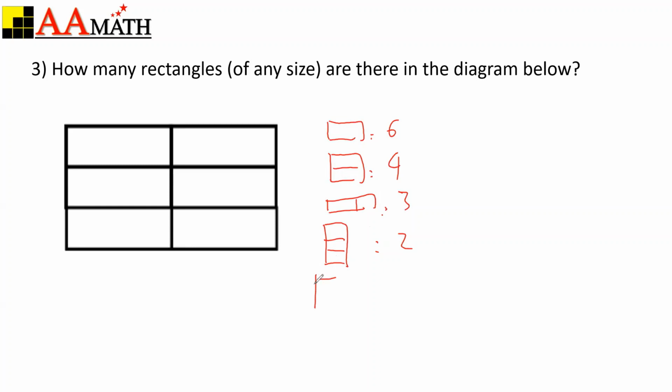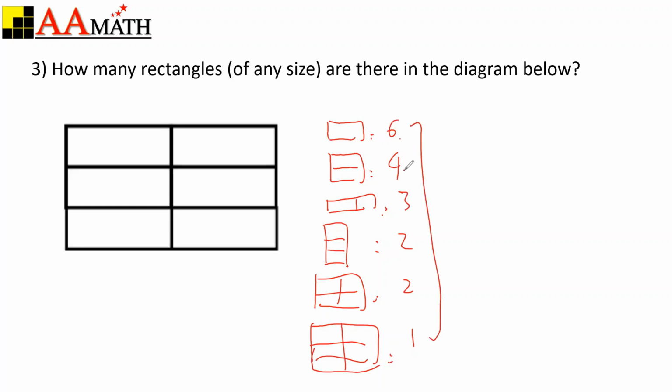So we have these type, we have 2 of them. At last we have these kind, we have 1 of them. Now basically we just add them together. So it's 10, 13, 15, 16, 17, 18. So there's 18 of them, right?